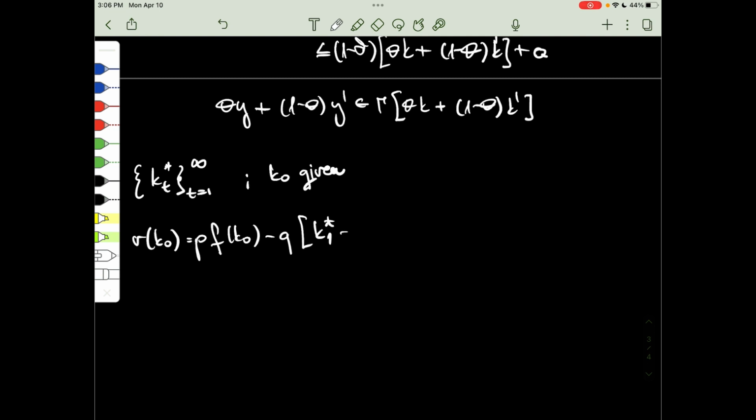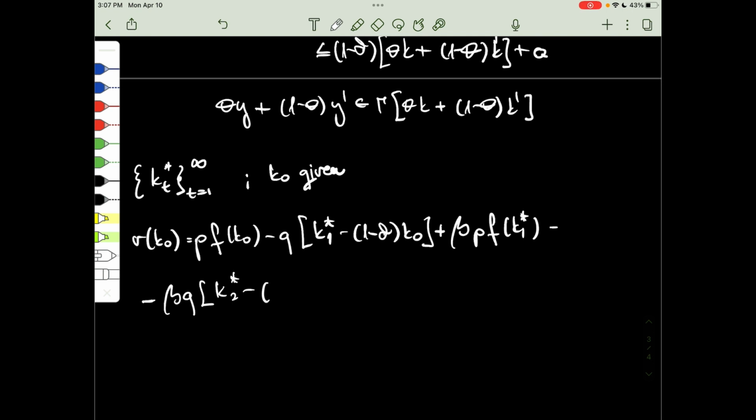So these are the elements of the presumably optimum path for the capital stock. I will put only a few stages in the sequential problem. We don't need too much.